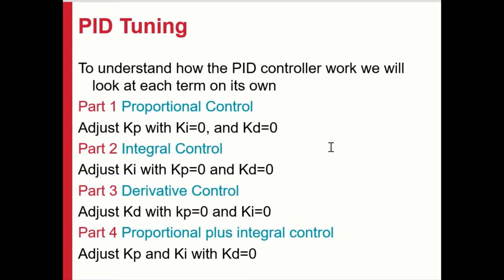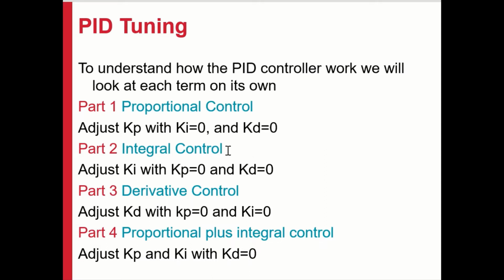In the first part, we're going to look at PID controller tuning to understand how the PID controller works, and the best way to do that is to look at the individual components first and then add them together. So first we look at proportional control on its own, so that's Kp with Ki as 0 and Kd as 0.